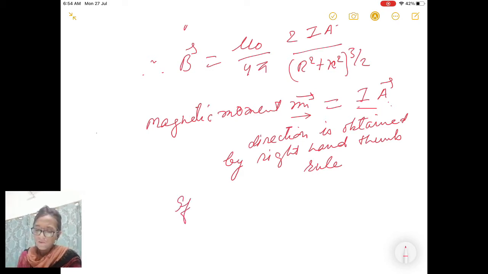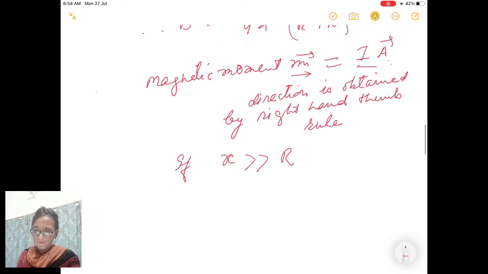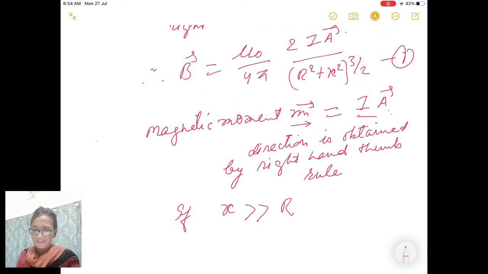Now if this distance x from the axis of the circular current carrying loop is very large compared to the radius of the circular loop, then in equation 1 you can change this equation.